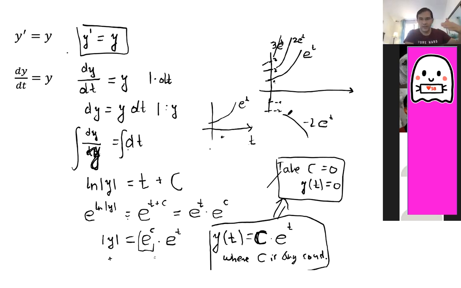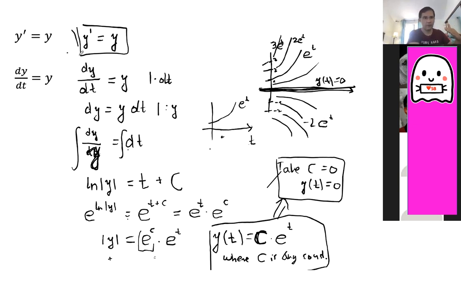So the collection, the family of all those functions, this is negative 1 times exponential and so on and so forth. All the functions look like this, but there is one function, namely this one, the constant function y of t equals 0. This function is a solution to this differential equation, and those are all solutions.